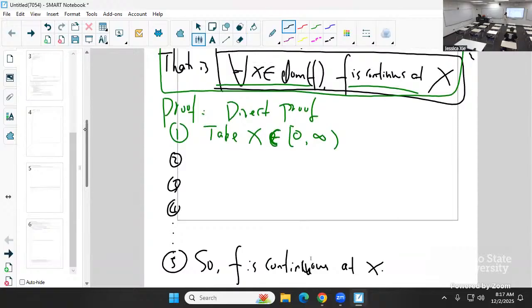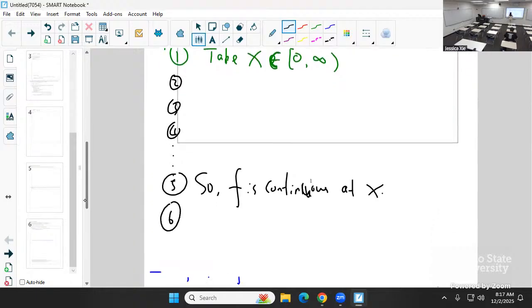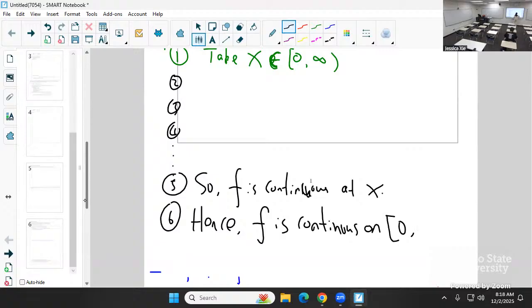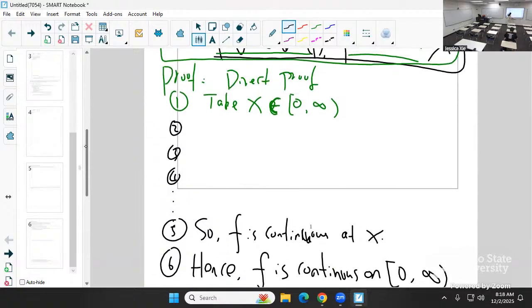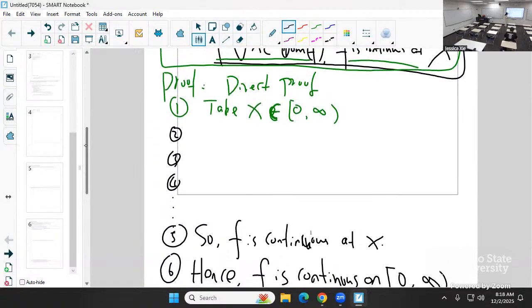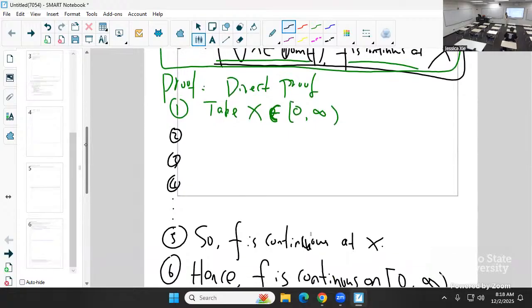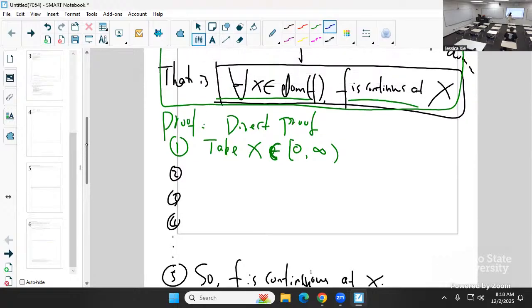Finally, if you arrive at the conclusion that f is continuous at the point, then we can say that f is continuous on the domain, which is 0 to infinity. That's the structure. How to fill out the details is something you should think about, but that's the structure. So how do we show that f is continuous at one x?